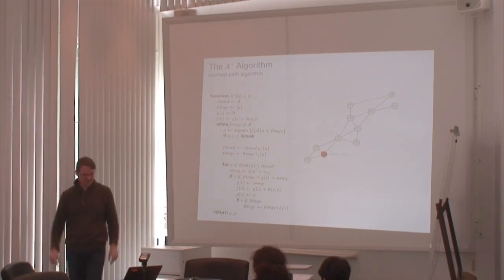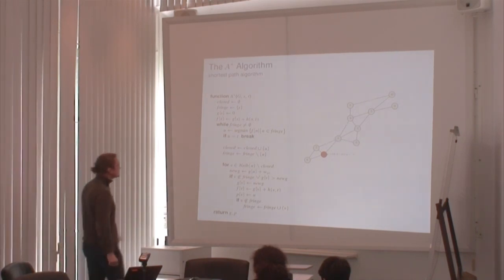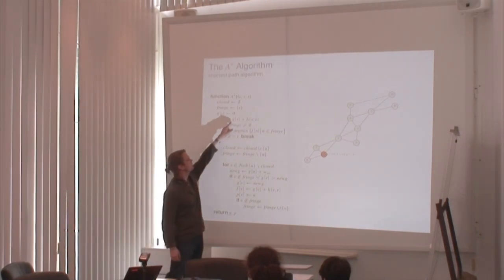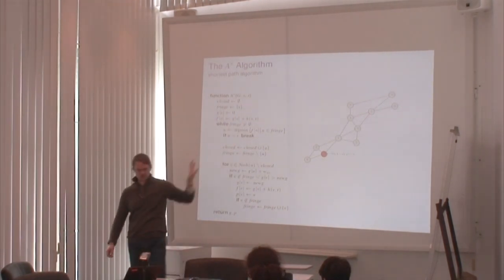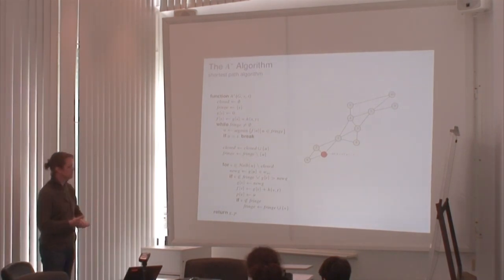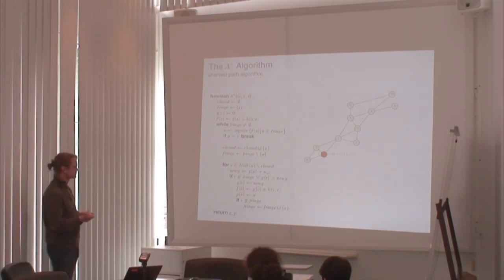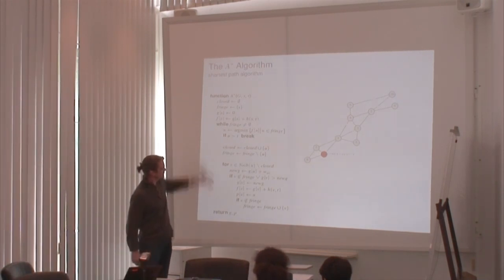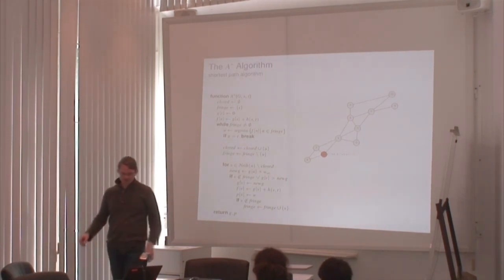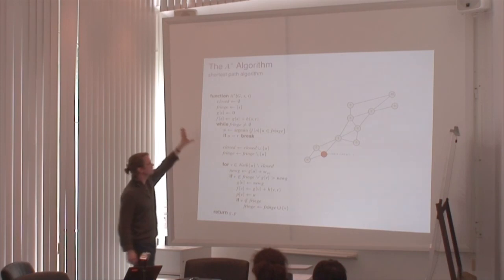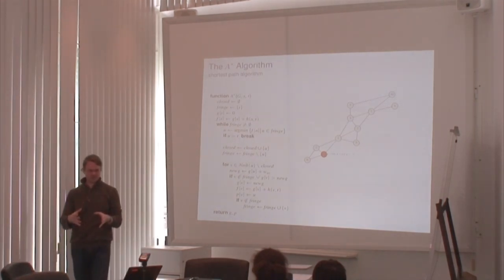So G contains the distances. And we have another dictionary. This one is funny. It's called F, and it is the sum of G plus some H. This H is what makes this A star special, and we will look into this later on. Again, we iterate a while loop while this fringe is not empty. This time we start with a fringe of just one element.